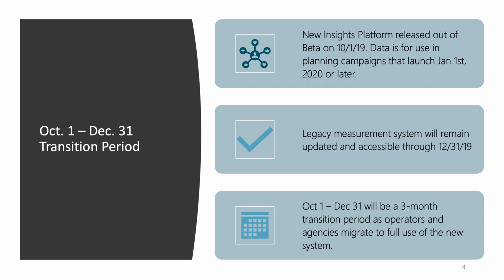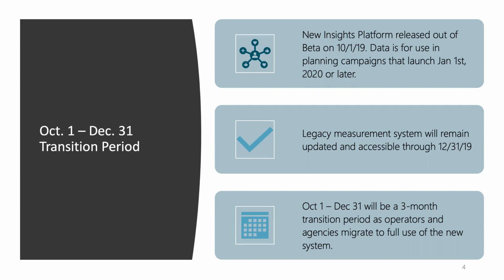If it's a project that is going to start and end still in 2019, you would still want to go to the current places that you're getting our Geopath Insights data from, whether that's ADS or Telmar or wherever you currently get that information from. Also, just so everybody's aware and feeling at ease, the legacy tools will be intact and accessible at a minimum through December 31st, 2019.